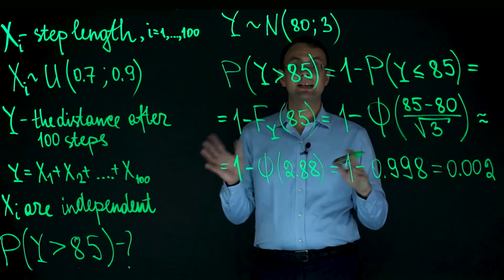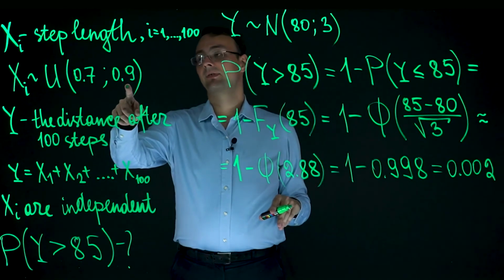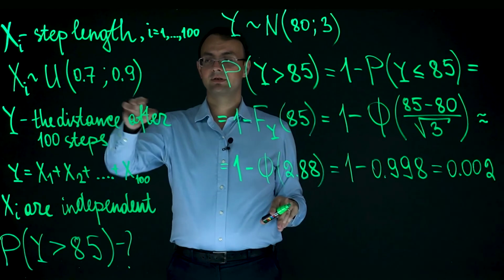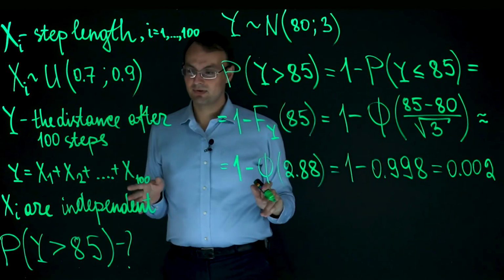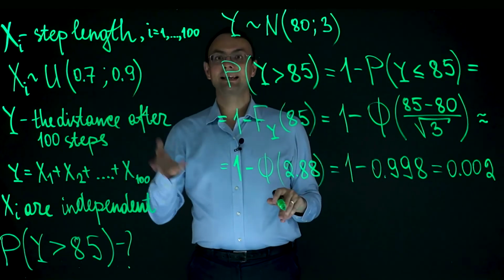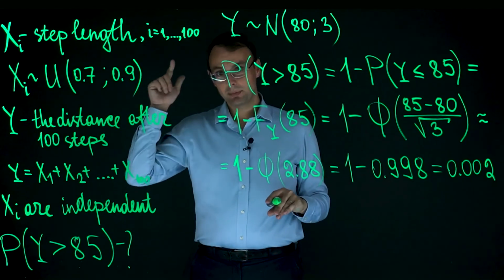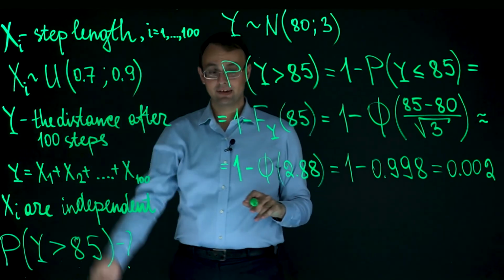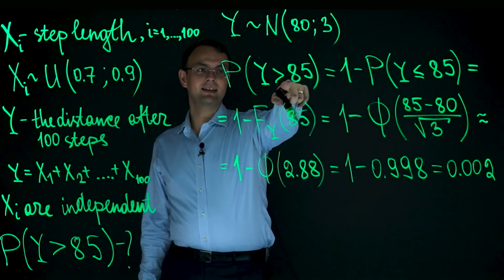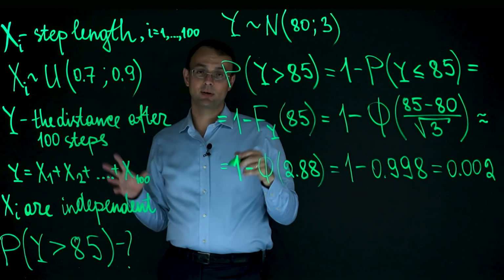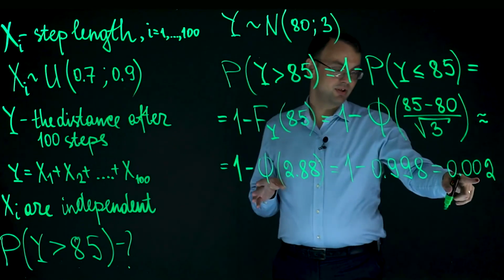We see that theoretically, as the maximal possible value of each step is 0.9 meters, so 90 centimeters, in 100 steps this person can walk 90 meters. This is possible if each step is equal to the maximal possible value. But we see that the probability that y is more than 85, that he will walk more than 85 meters in 100 steps, is almost 0.